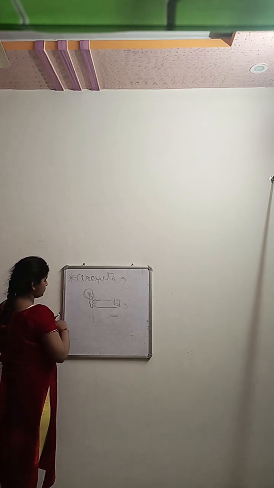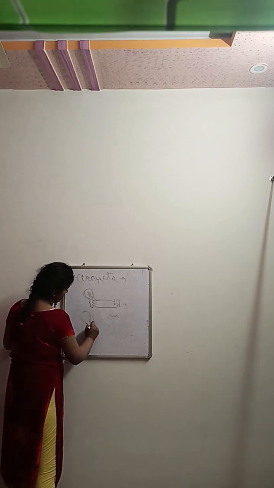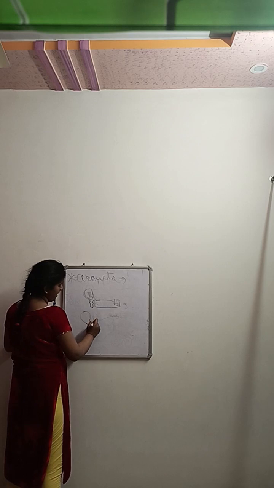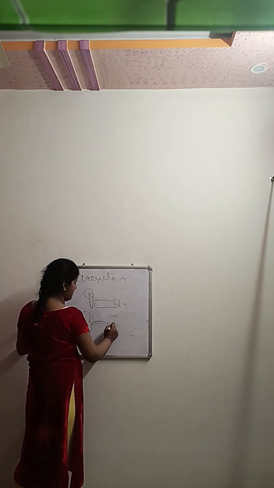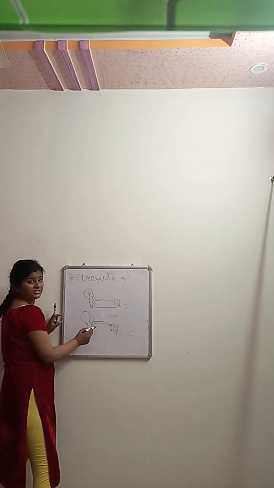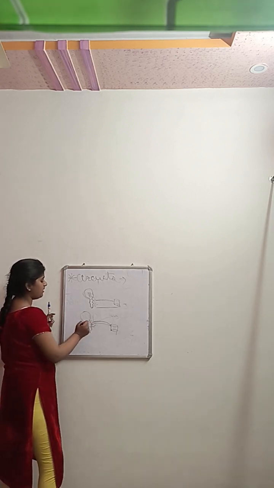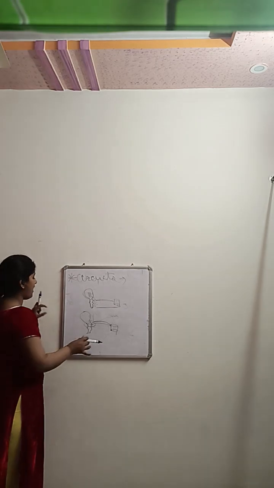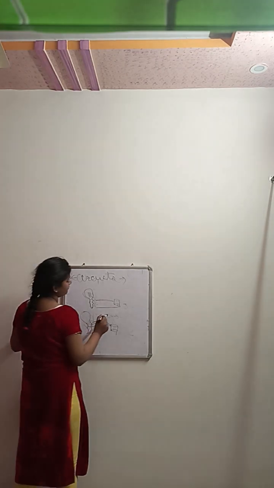Now I will show you another one. In this we have one bulb, same, and the wire comes from one pole, and there is a battery. Will it glow? No, because it is connected to only one of its terminals, only the negative terminal. The wire should be attached to both of the terminals.